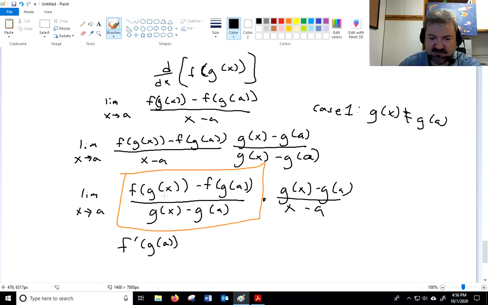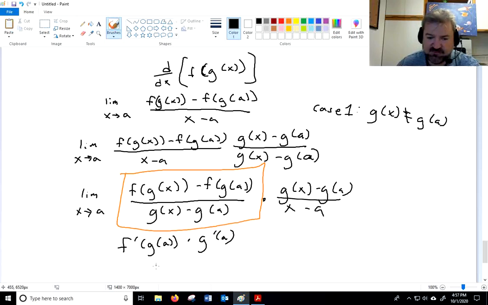I'm also having to use the limit of a composite function rule. Basically, it just says that I can take the limit of the inside and put it on the outside. As x approaches a, g of x approaches g of a, right? So this is really just saying the same thing, except instead of f prime of x, it's f prime of g of a. But what is this over here when I take the limit as x approaches a? Well, that's exactly g prime of a.